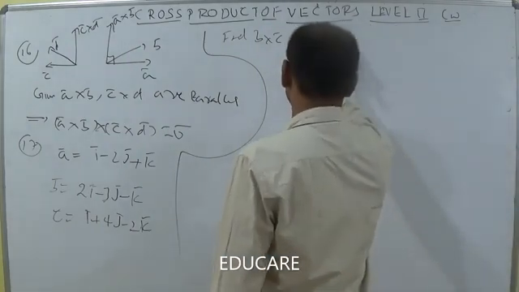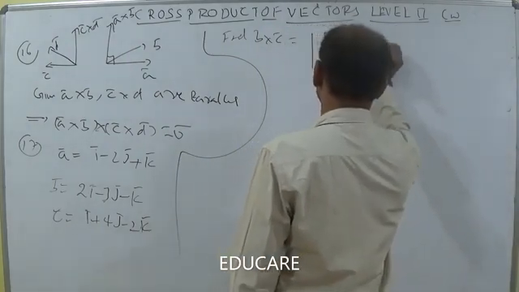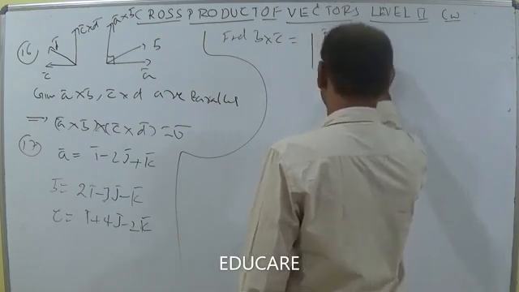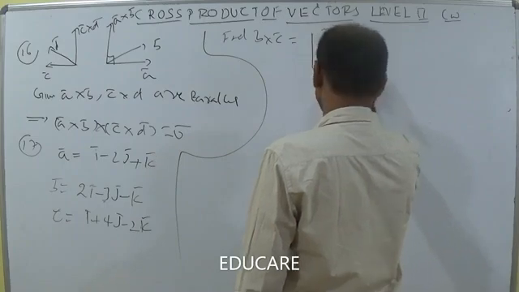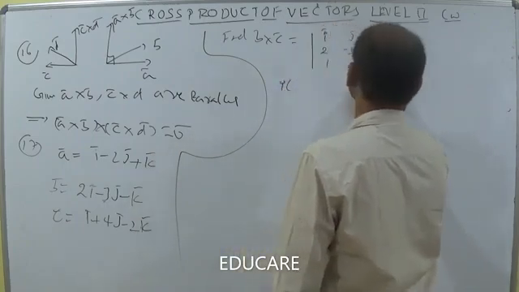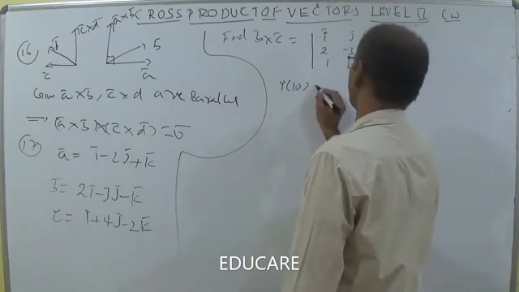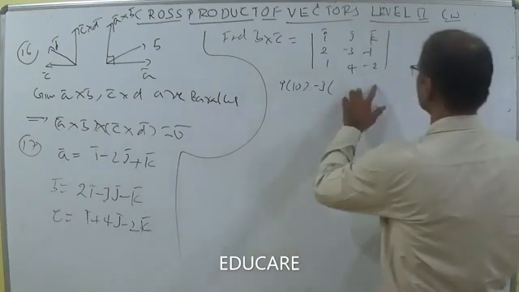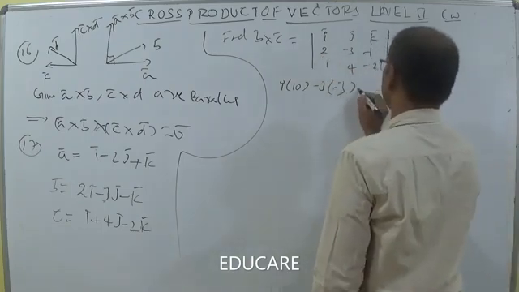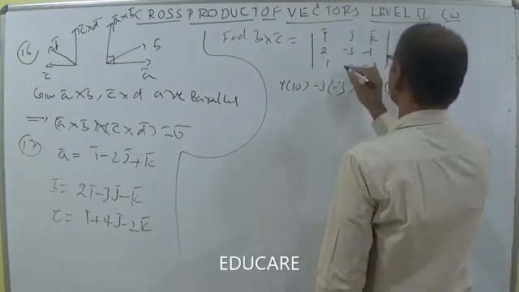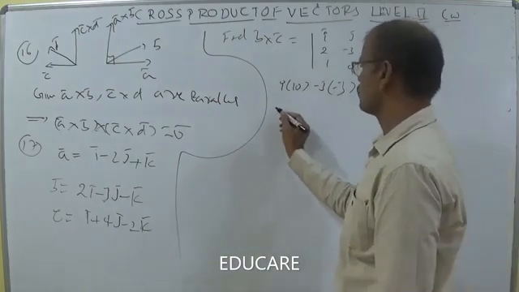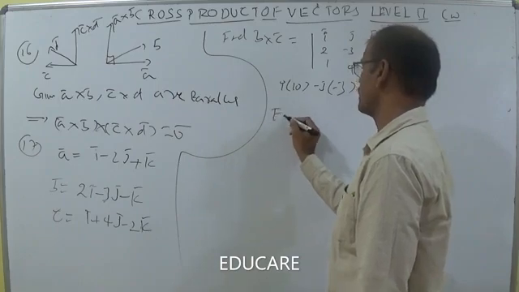So i into 6 plus 4, which is 10, and minus j into minus 4 plus 1, which becomes minus 3, plus k into 8 plus 3, this is 11.